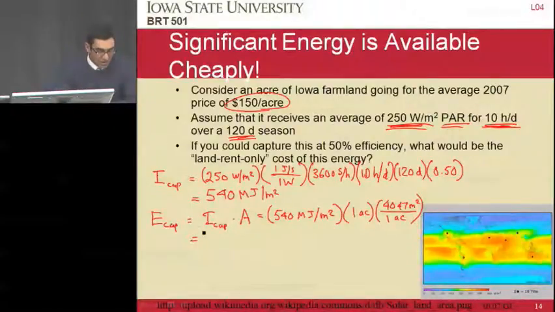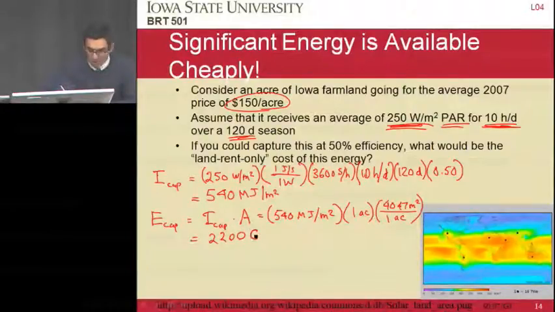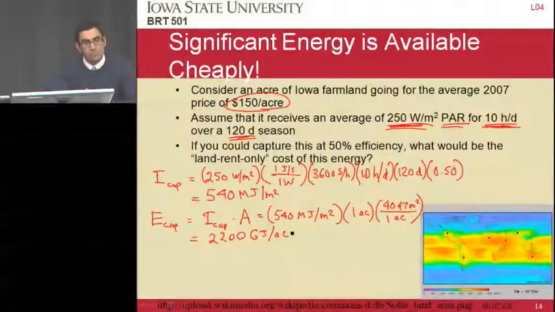When I do that, I get roughly 2,200 gigajoules per acre. Any questions so far? No big magic here, just little unit conversions.